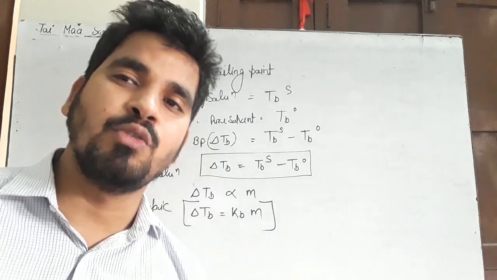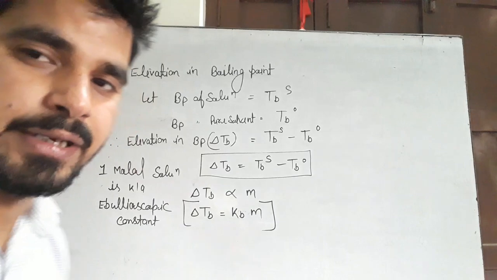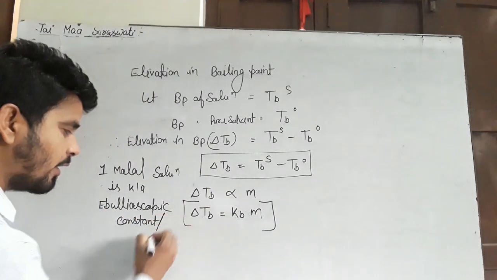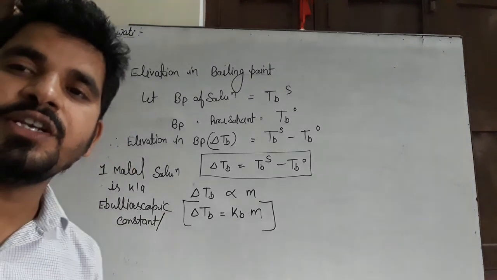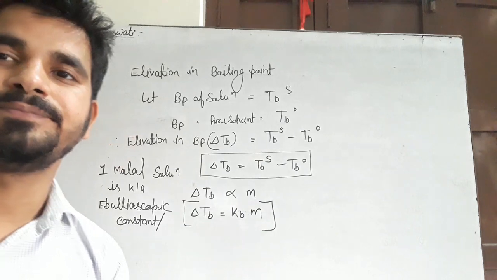I'll discuss it later on. So this ebullioscopic constant is Kb, or the elevation in boiling point constant.